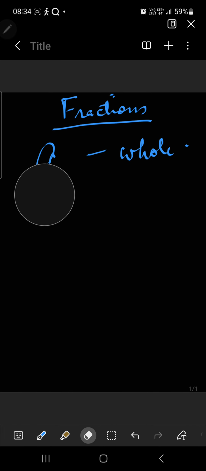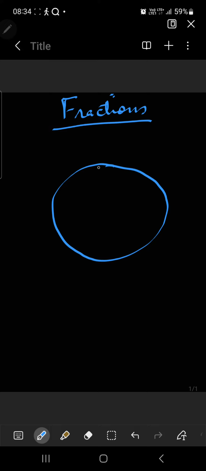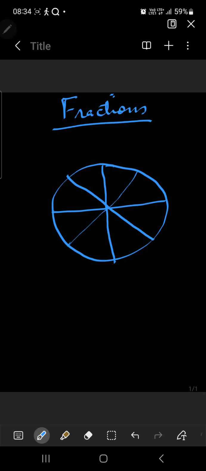The basic way of understanding a fraction is, suppose I have a cake and I cut this cake into 8 equal parts. If I give this part to my first friend, then the fraction of the cake which I had given to my friend would be how much?